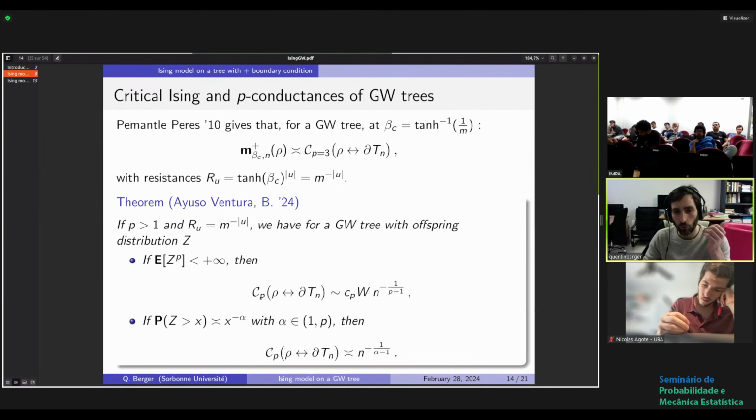Okay, so the p-conductance of a Galton-Watson tree at the critical point decays like n to the -1 over p minus 1. For instance, for the Ising model, if you have a third moment for the offspring distribution, then you have a decay like n to the -1/2. Apparently this was not known in the literature.